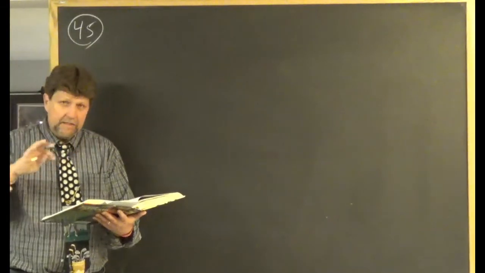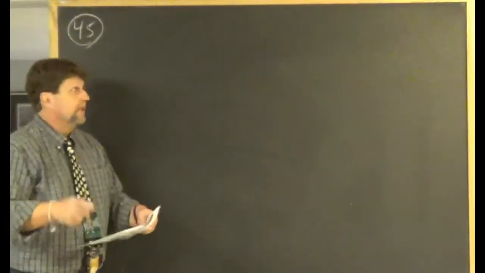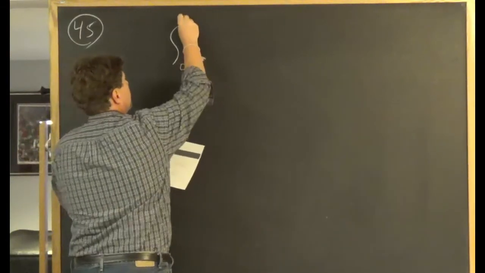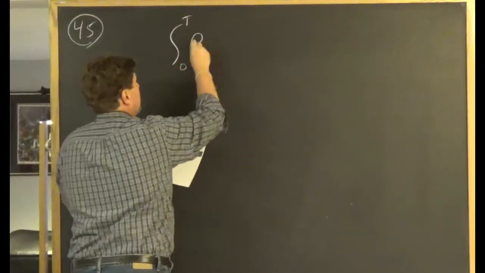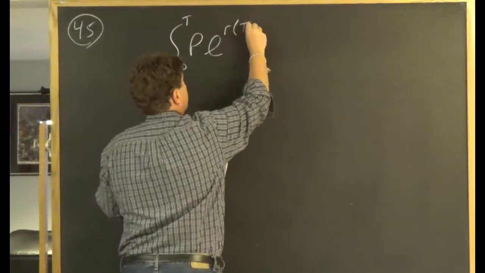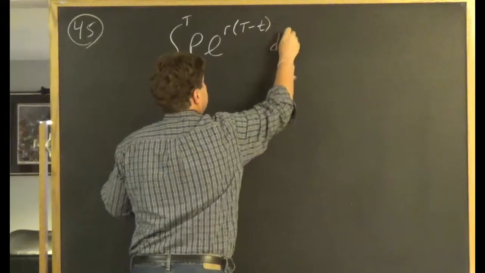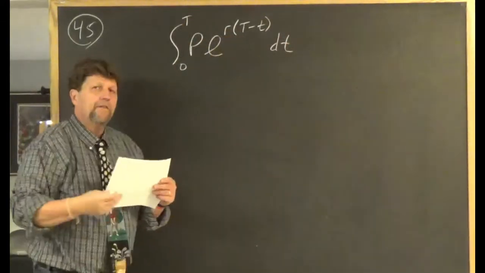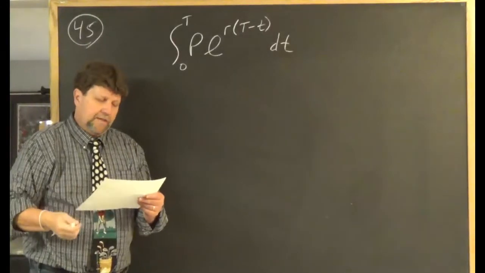So you have months and years in the problem. So you have to be consistent when you use this formula, the integral from 0 to uppercase T of P e to the r times uppercase T minus little t, dt. The T, the P, and the R all have to be the same units of time.